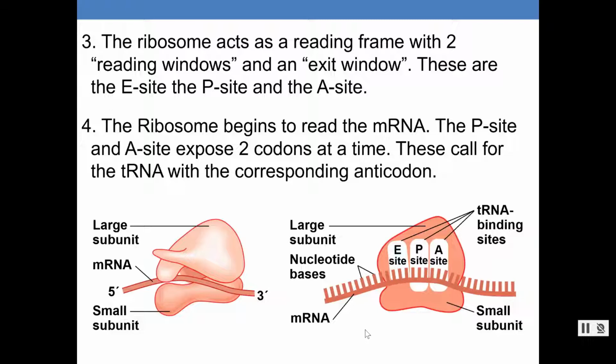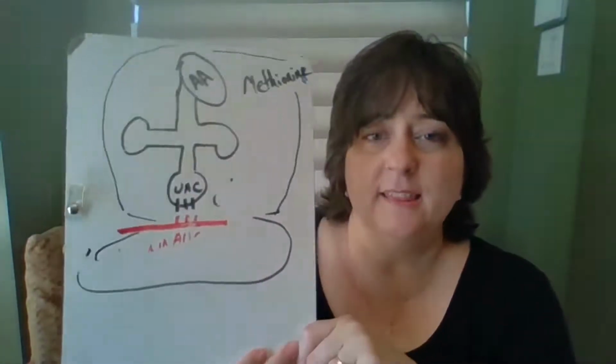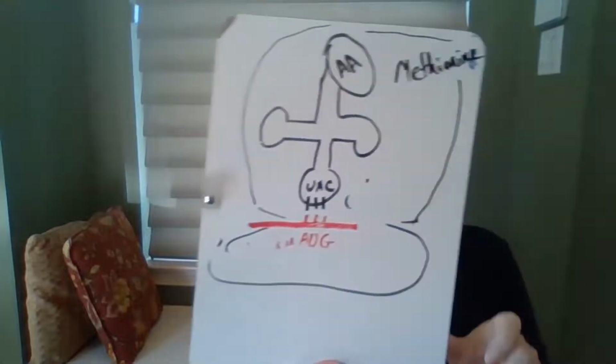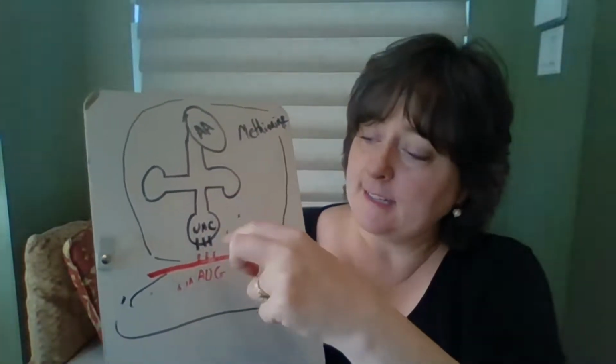Now, I do want to point out, A site stands for amino acid. That's where the tRNAs come in for the first time. P site's growing polypeptide chain. E site's for exit. Now, there is one exception, and that comes back to our friend methionine. The start codon will come into the ribosome. Remember, we already defined this as the initiation complex. We need that methionine to come in.